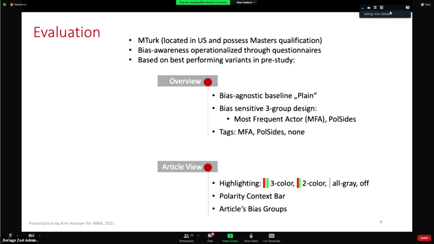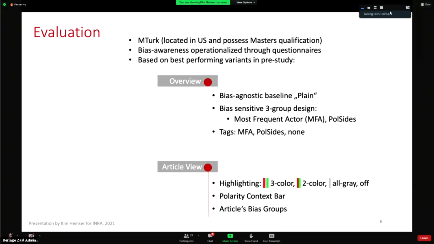So do respondents actually see that bias is present in articles compared to a baseline where we don't show them any indicators? We have the bias-agnostic baseline, called plain, which is just a list of articles without any grouping, without any further information about the political slant.